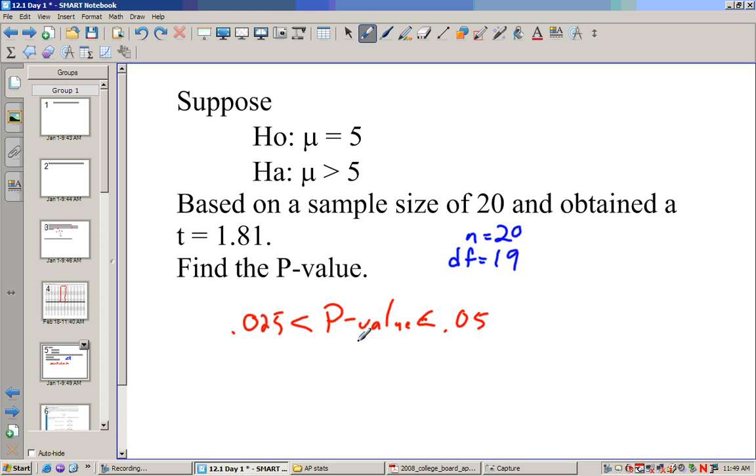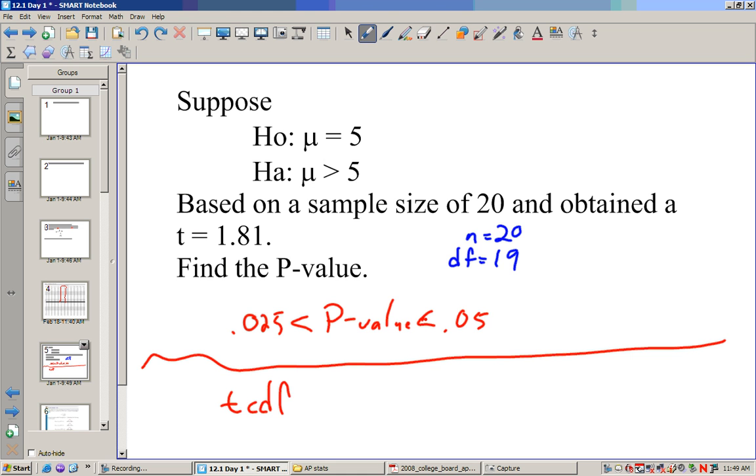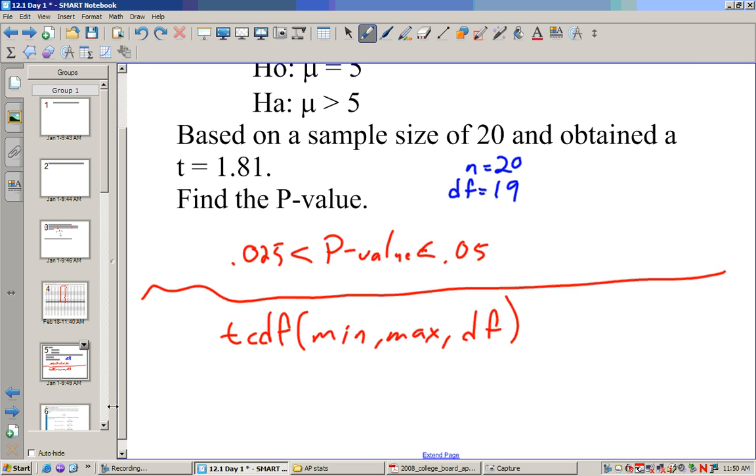So we have a calculator method where you do tcdf. We'll do the min, max, and now we have to type in our degree of freedom. So you hit second variables on your calculator. On my calculator, it's number 5, tcdf.